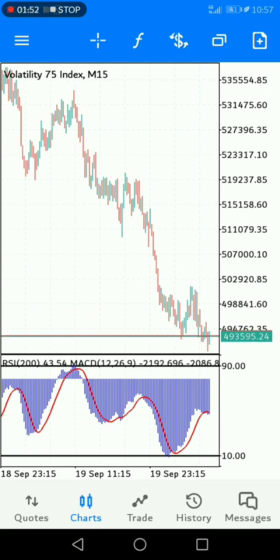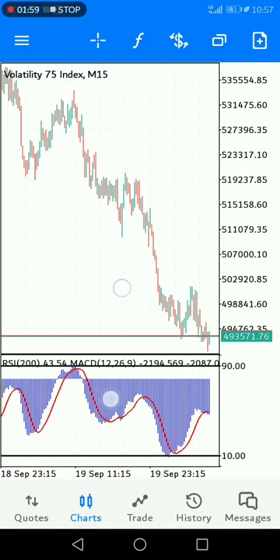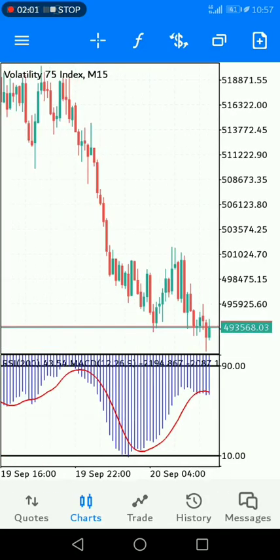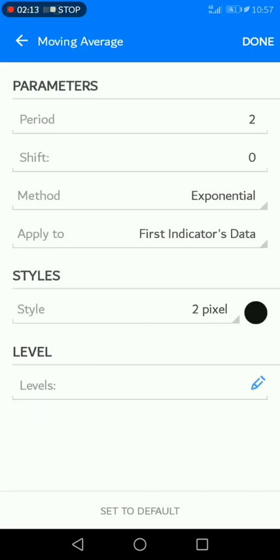Now the next thing I want to do is add a moving average on top of the MACD. The reason is that I want to get the exact point where the MACD and its baseline are crossing. So I'm going to click F, go to indicator window 1, and go to moving average.